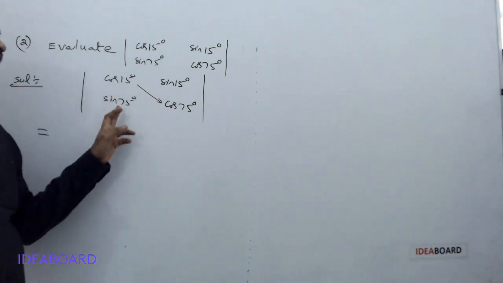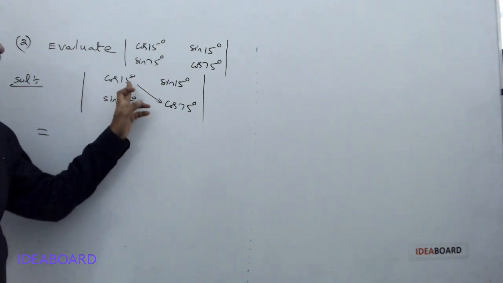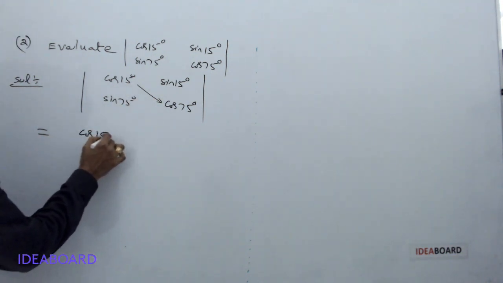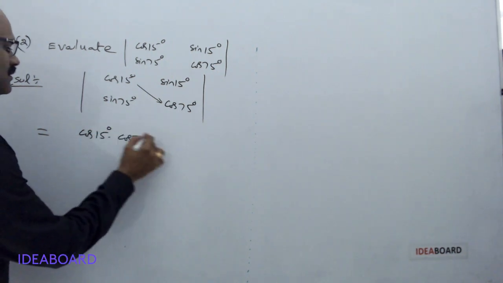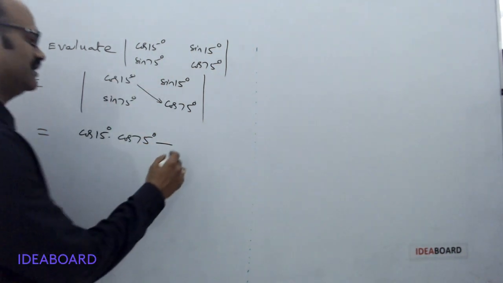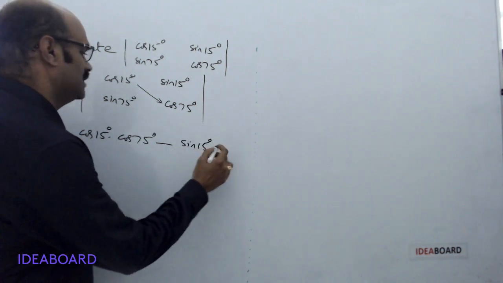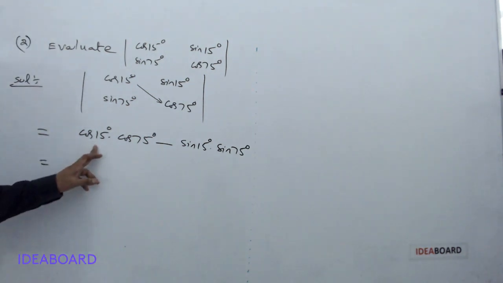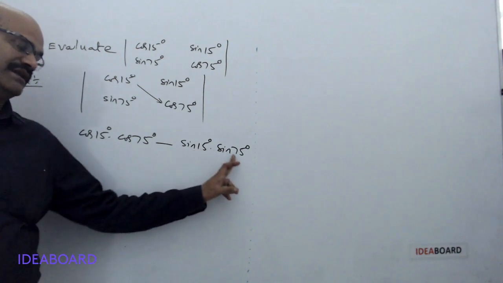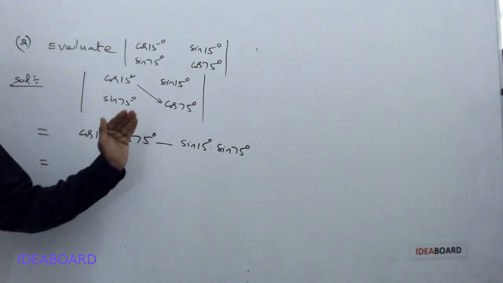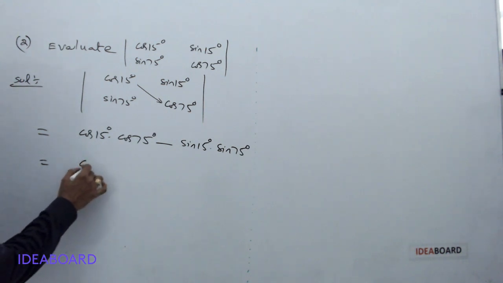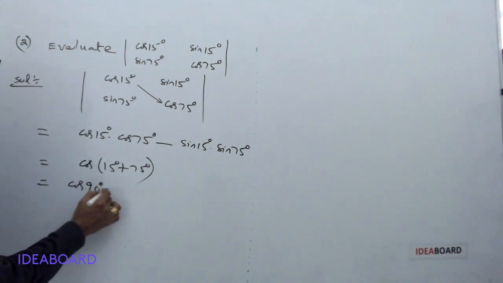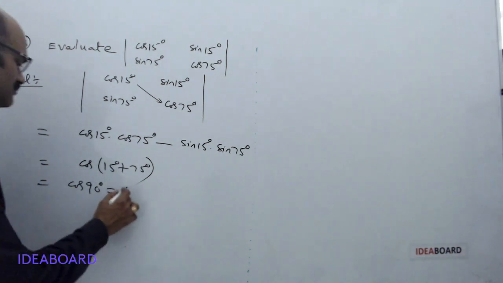Whenever you have a 2 by 2 matrix, if you want to find the determinant, product of principal diagonal elements, cos 15 into cos 75 minus sin 15 into sin 75 degrees, it's in the form of cos A cos B minus sin A sin B. So cos A cos B minus sin A sin B equal to cos of A plus B. Cos of 15 degrees plus 75 degrees equal to cos 90 degrees. Cos 90 degrees means 0.